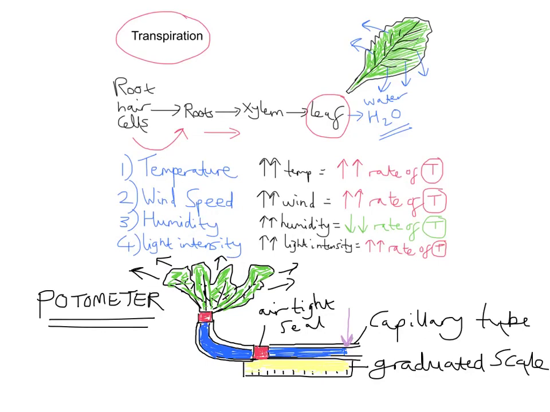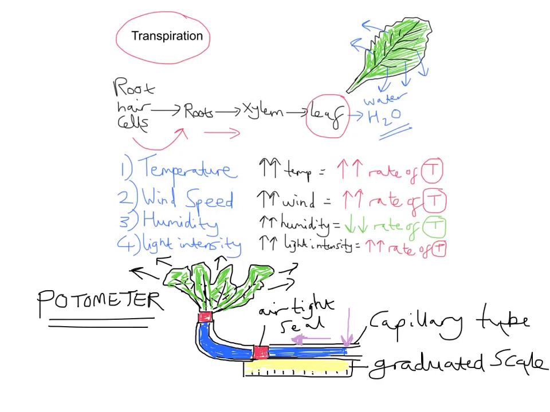The plant would draw water up. So this meniscus over time would actually move this way because the water would be drawn up, and you can measure using that graduated scale the amount of movement or how far that meniscus moves in a given time. So you can look at the rate of transpiration.